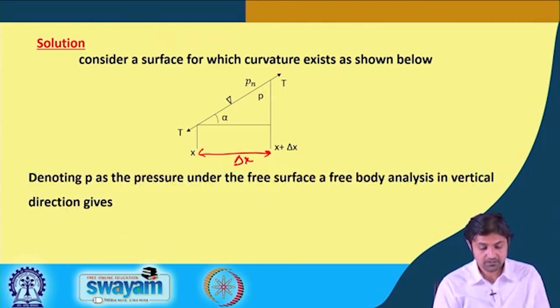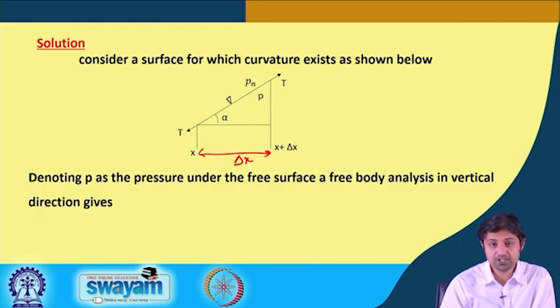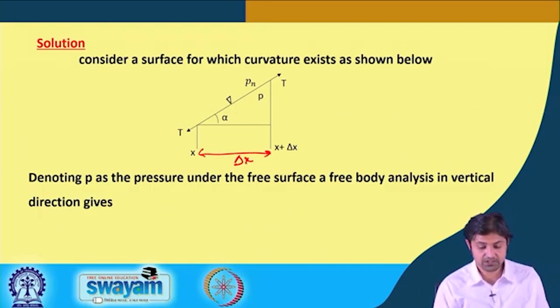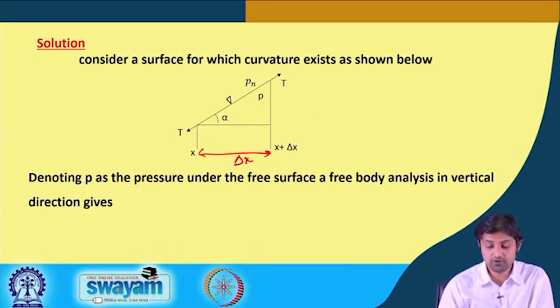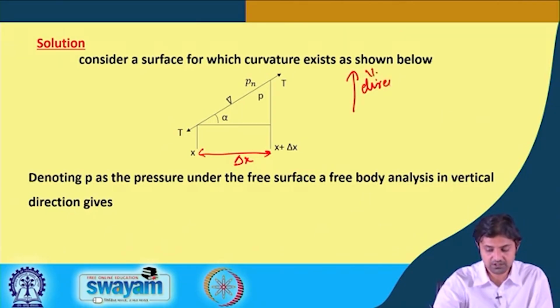If we denote P as the pressure under the free surface, we have to do a free body analysis in the vertical direction. So, this is the vertical direction.